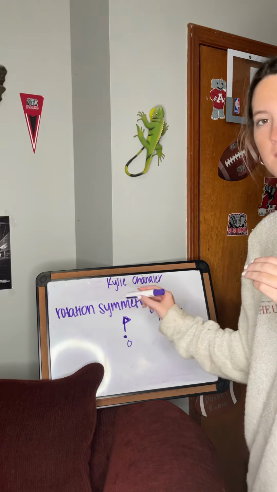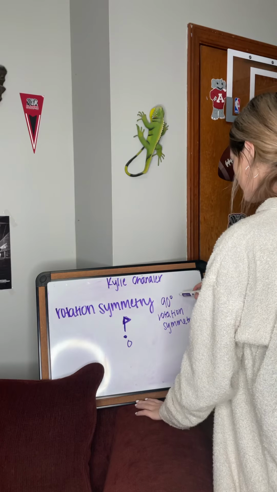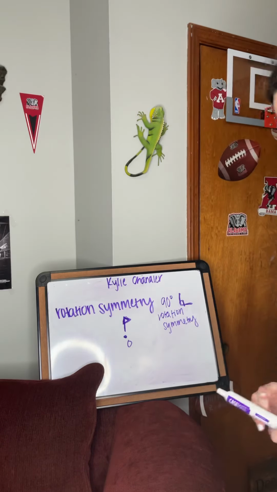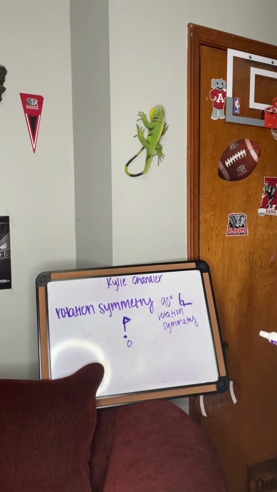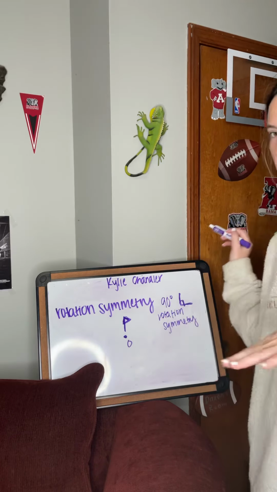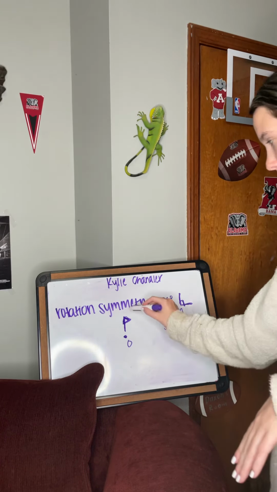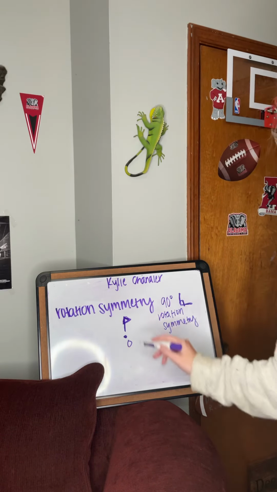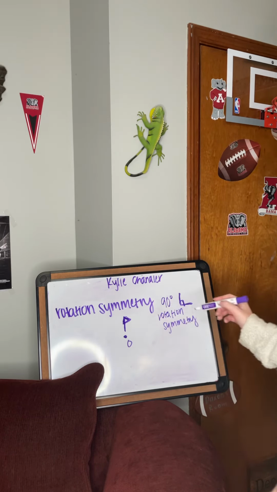So we know that a 90-degree angle looks like this. So we're going to rotate this object on its axis to make the shape look the same at a 90-degree angle. We want this to continue to stay the same, but we're going to make each object 90 degrees apart.